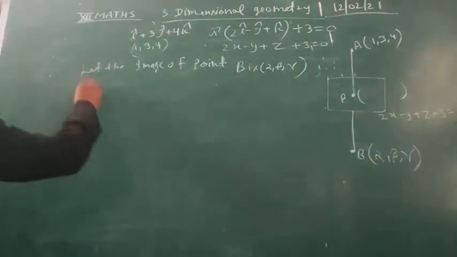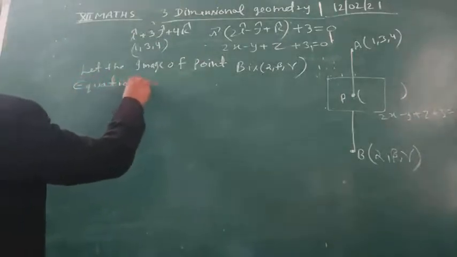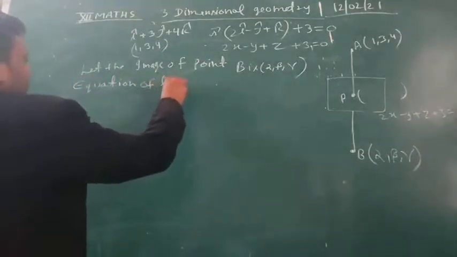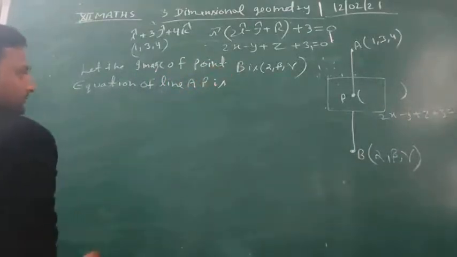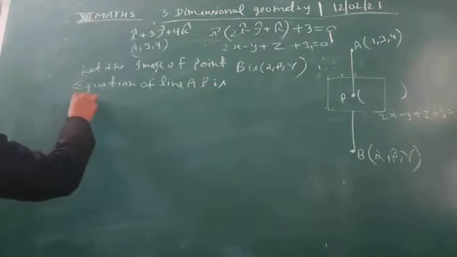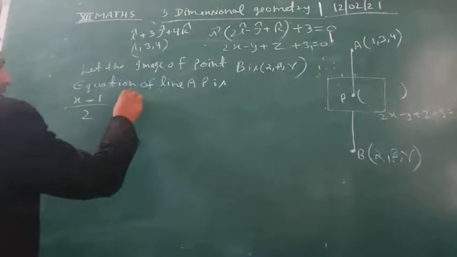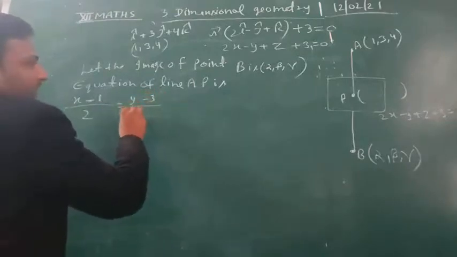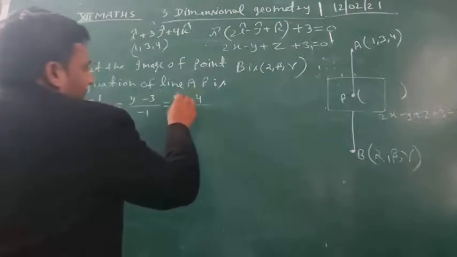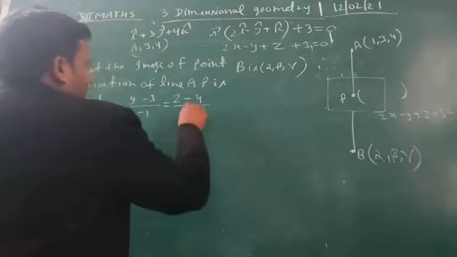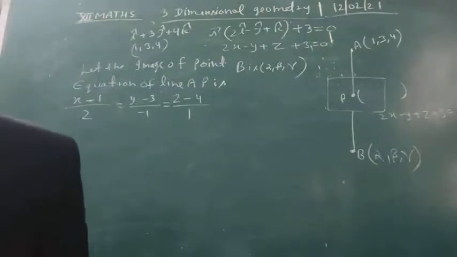So the equation of line AP is x minus 1 by 2, y minus 3 by minus 1, and z minus 4 by 1.